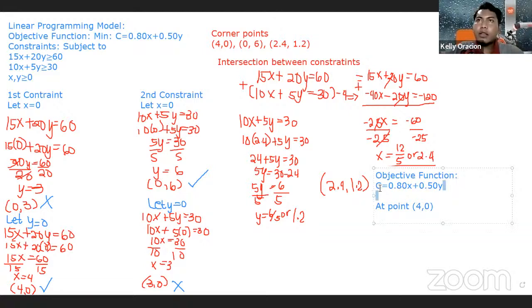we have here 0.80 times 4 plus 0.50 times 0.